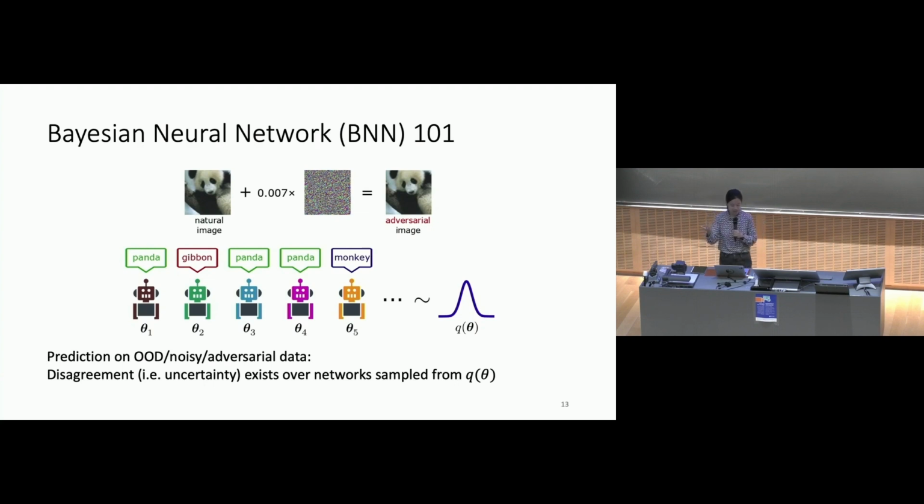So potentially you can look at the uncertainty to see whether this is an out-of-distribution example or a normal example that needs your attention.